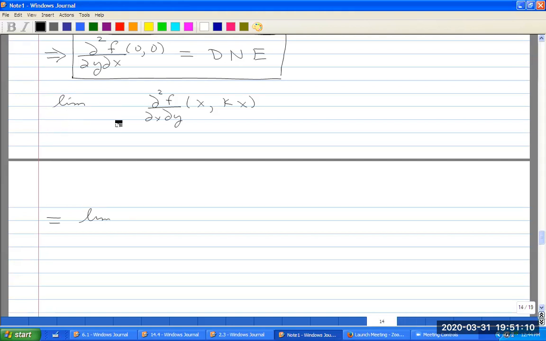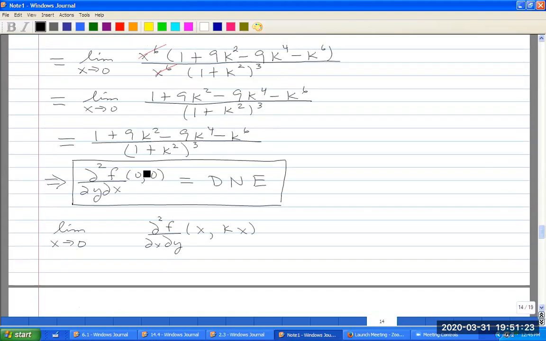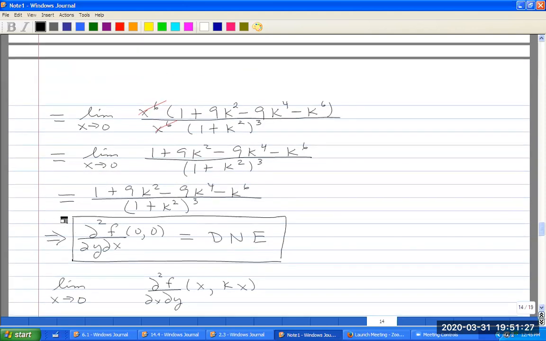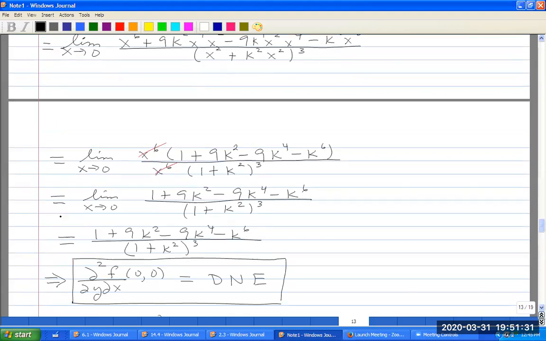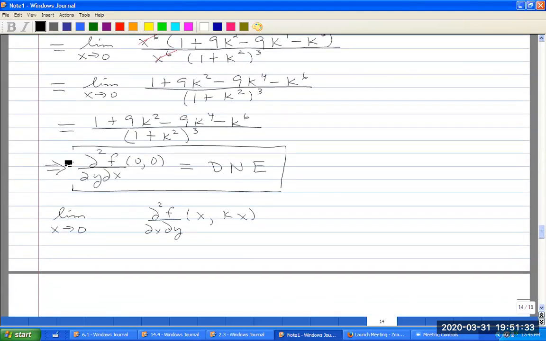I'm just taking x going to 0. And so the limit there, this limit doesn't exist.